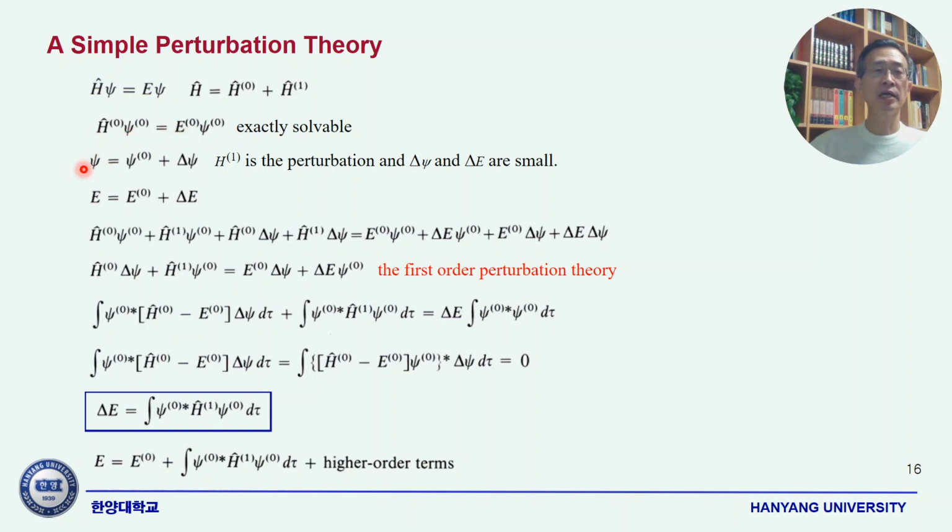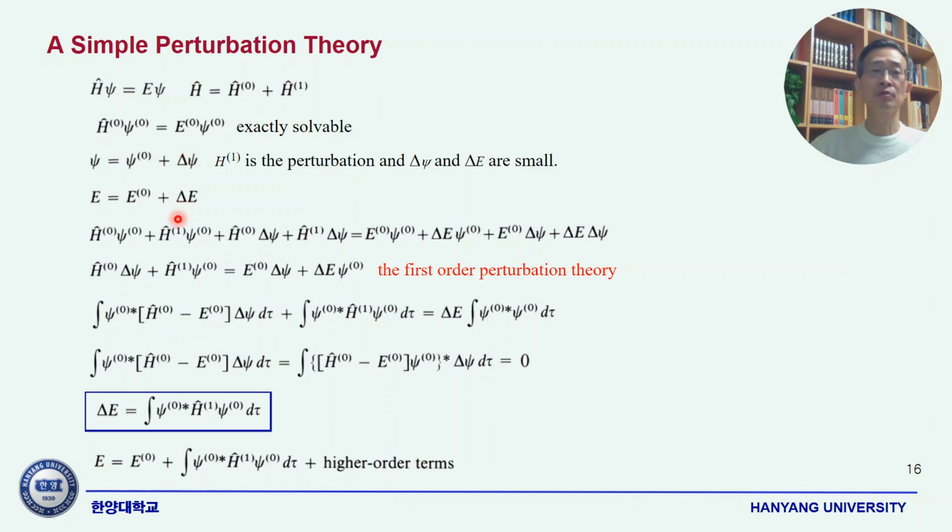And then psi itself is psi naught plus delta psi, which corresponds to H1. So H1 is the perturbation, and delta psi and delta E are small. And what I mean by delta E is that the energy is a little bit different from this exactly solvable energy, so it's E naught plus delta E. So we are going to determine delta psi and delta E.